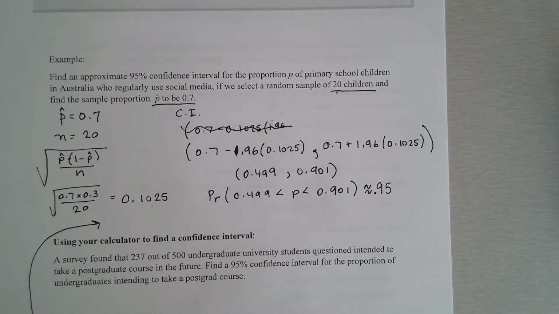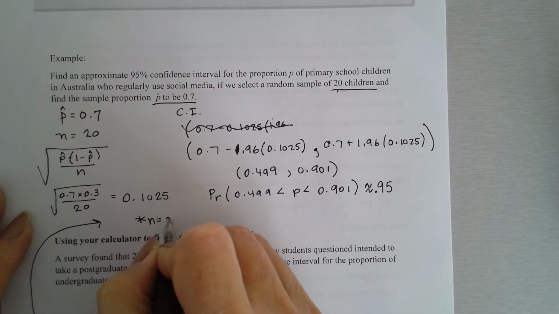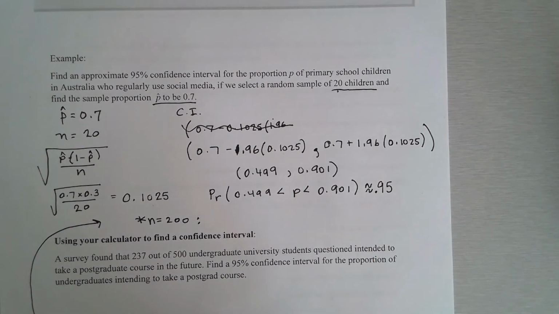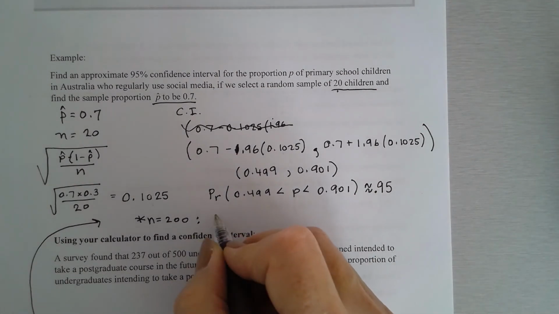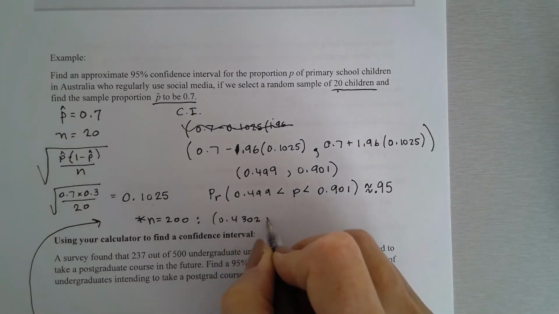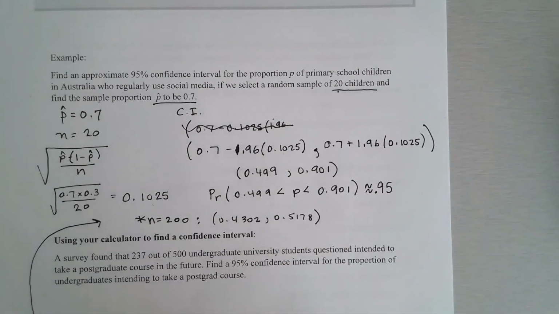In fact, if I did it with n equals 200, it would turn out that it's between this. Okay? That would be a little bit different.